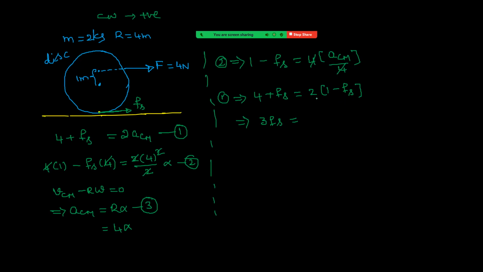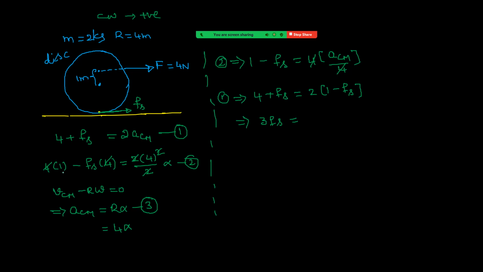That is equal to, I'm taking 4 here. Then see what happens. 2. Just let me cross check once the equations I have written. 4 plus Fs equal to m into ACM, right?